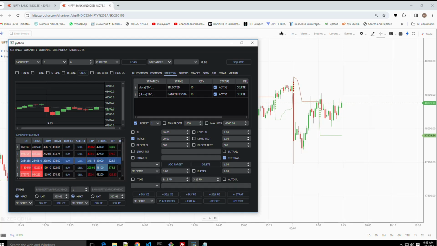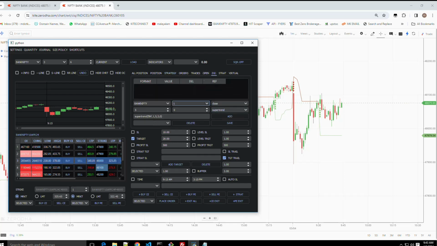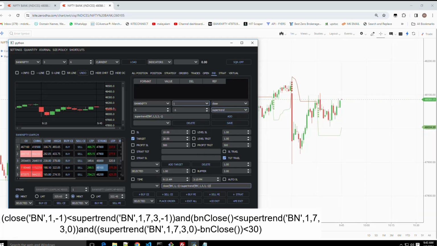I select the 40,000 PE and in the condition, close price. Close price should be the previous candle close price. Previous candle should close below the super trend value.